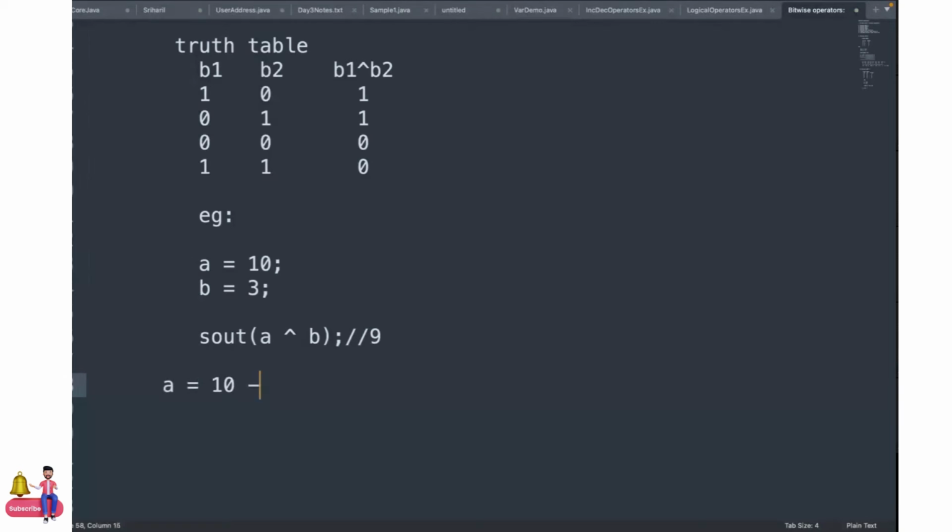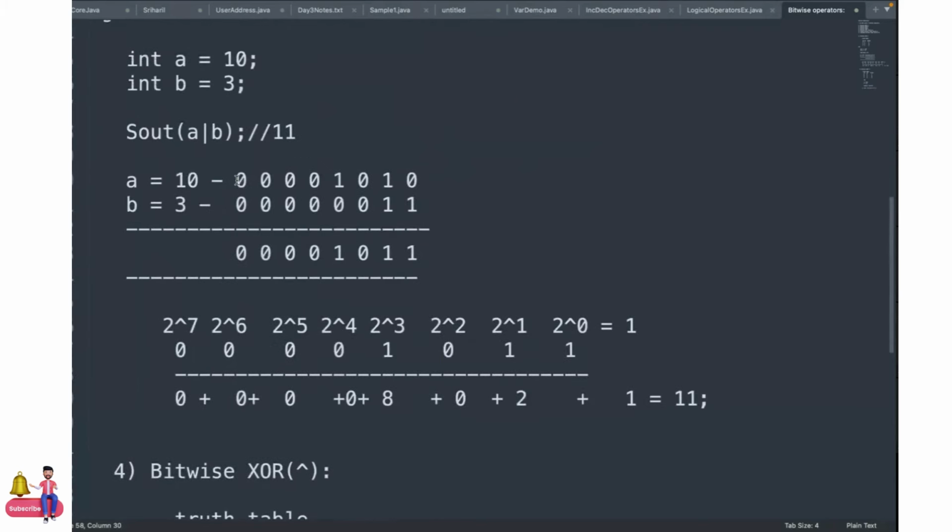10. So when A is equal to 10, what is the binary representation? We have already seen, right? 0, 0, 0, 0, and the other values are 1, 0, 1, 0. Previously we did it, right? I'm just writing that directly. So we have the binary representation for 10: 1, 0, 1, 0.